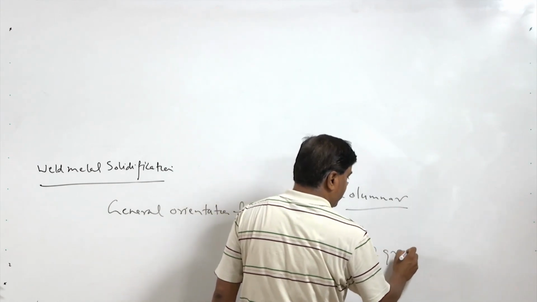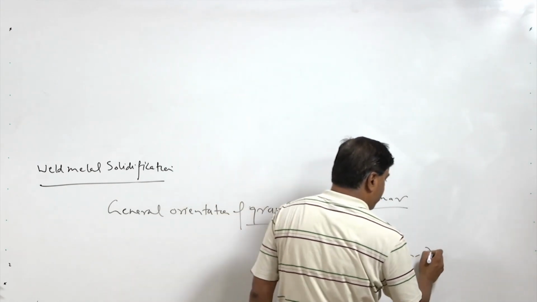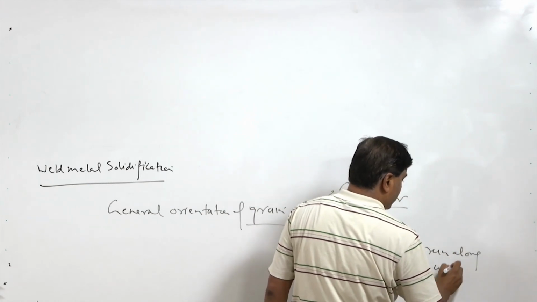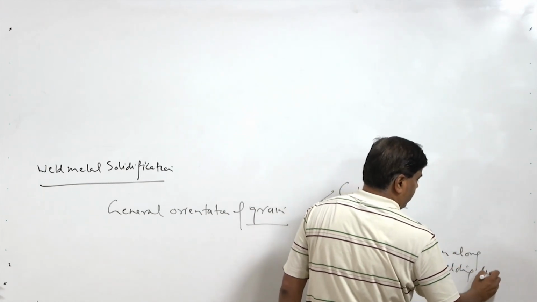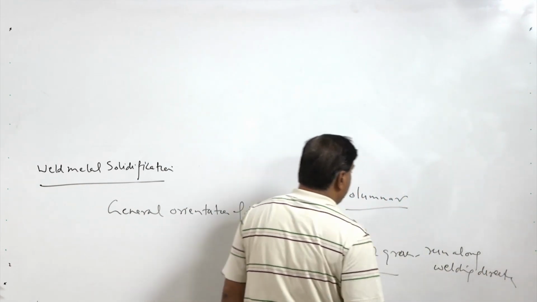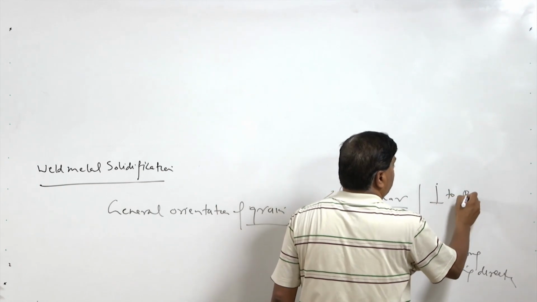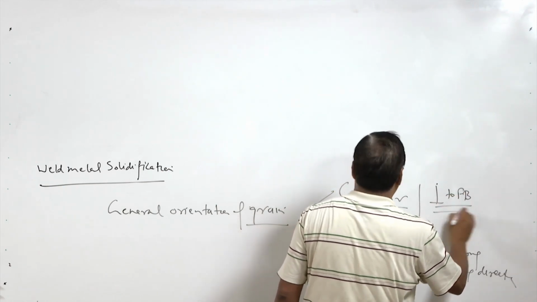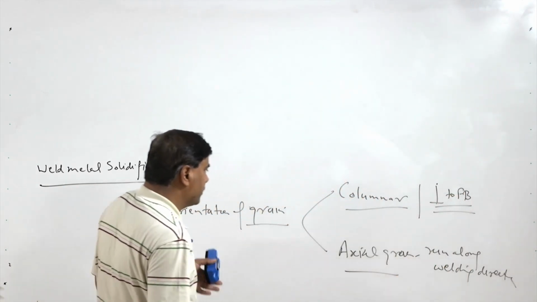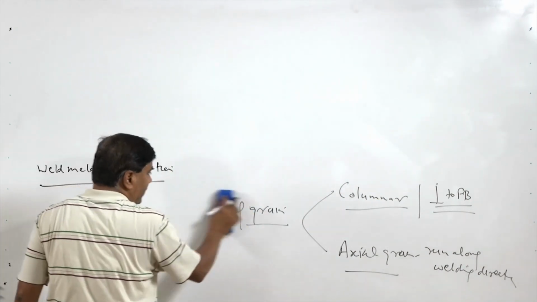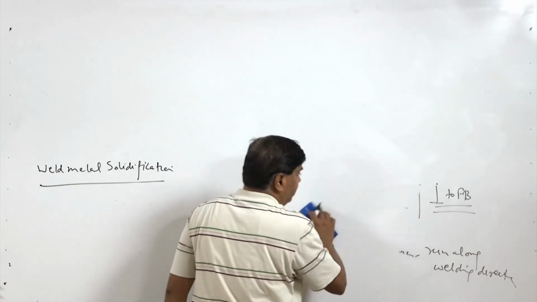Axial grains run along the welding direction, while the columnar grains are perpendicular to the fusion boundary. So the columnar grains are basically perpendicular to the fusion boundary, while the axial grains will be running along the length of the weld.